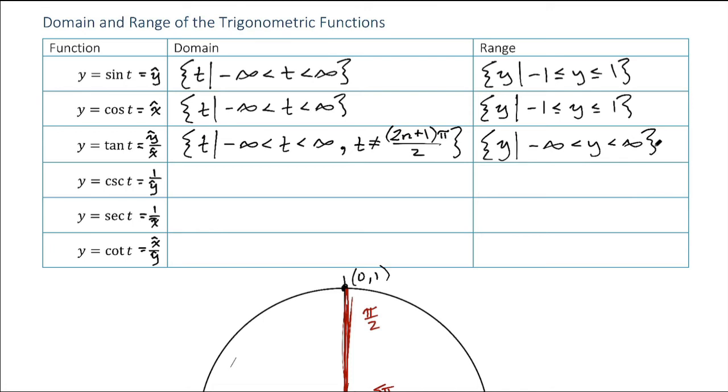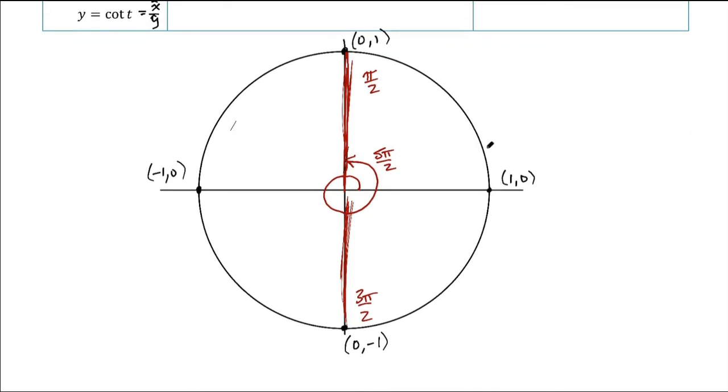All right, the cosecant function. Cosecant is 1 over the y coordinate. So for our domain, t can be any t as long as y is not 0. Well, looking at our unit circle, y is only 0 in these 2 points here. Okay, (1, 0) and (negative 1, 0). And those angles, that's 0 and pi, and if we keep going, it's 2 pi and 3 pi and 4 pi, any integer value of pi.